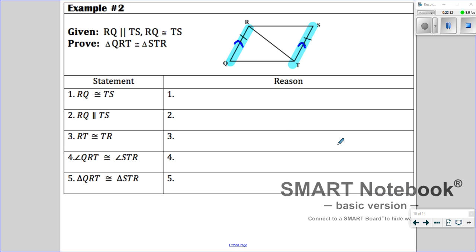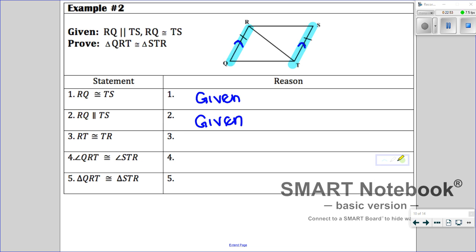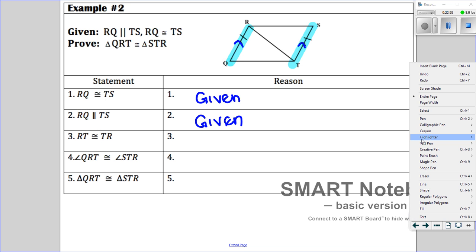So for the first one, they said that RQ is congruent to ST. It's given. They gave it to us in the beginning. They said that RQ is parallel to TS. That's also given. So you write the word given. Now they said that RT is congruent to TR. So I'm going to use the green highlighter.